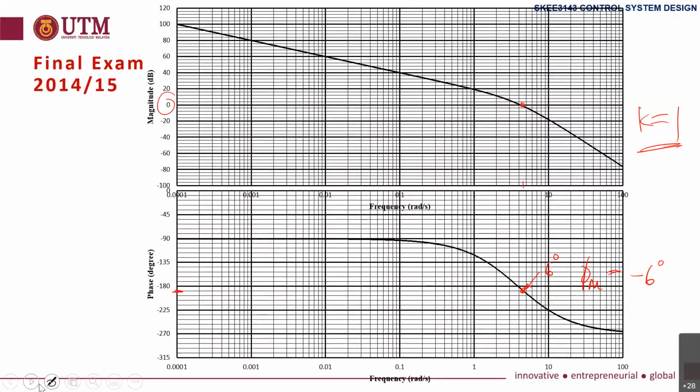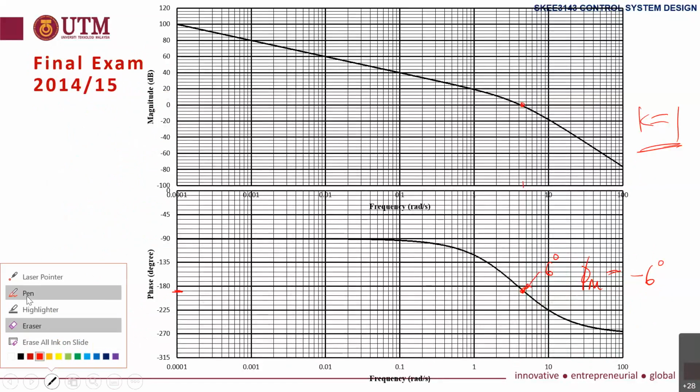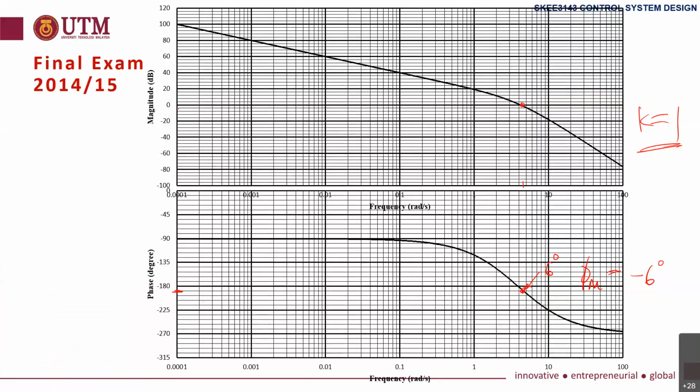Minus 10. From here, we can see this is minus 10, 1, 2, 3, in the middle, it's about here. This is minus 10. We go minus 10.